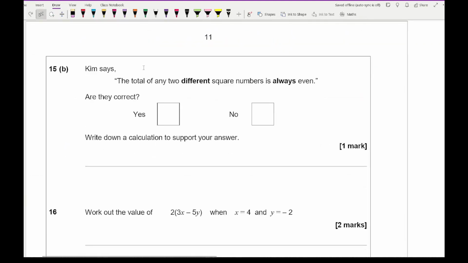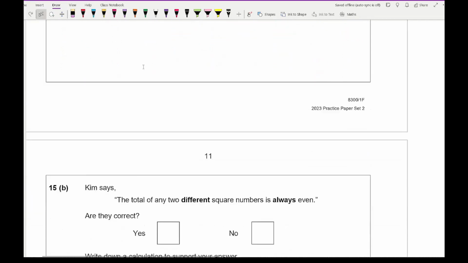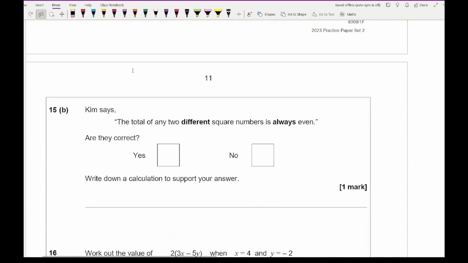Moving on to question 15b, it says Kim says the total of any 2 different square numbers is always even. Are they correct? For this, we just need to give an example. So if we add any 2 square numbers, is the answer always going to be even? Well, if I add an odd square plus an even square, then it's going to equal an odd number.